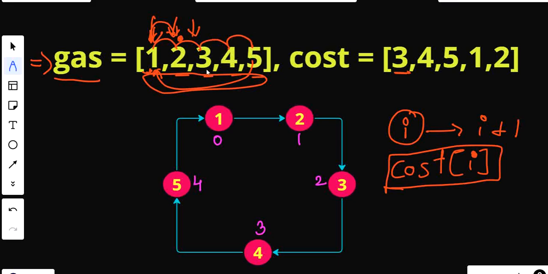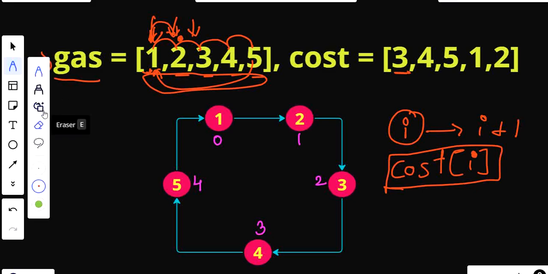Let's see how we can come up with the index from which we can start this traversal. Firstly, let me just clean this.